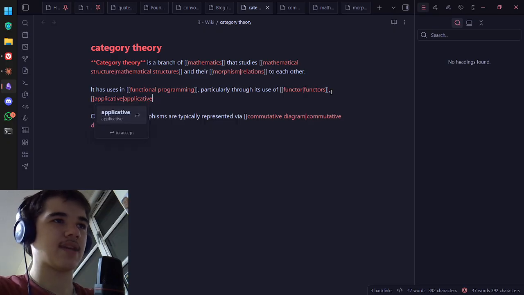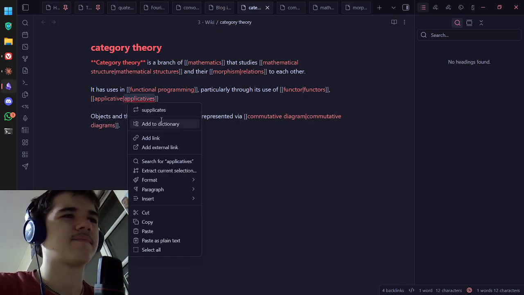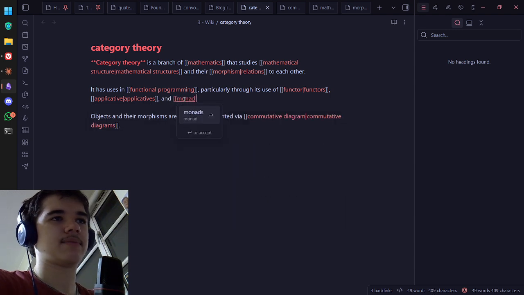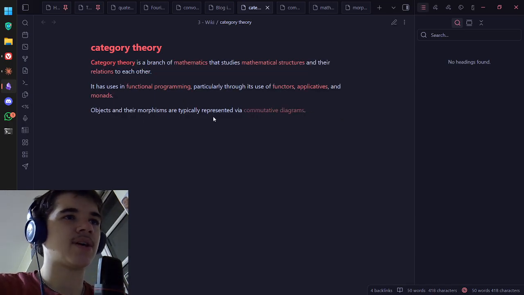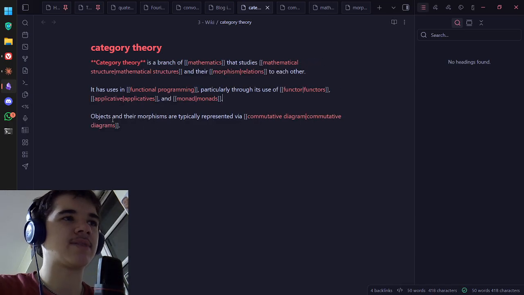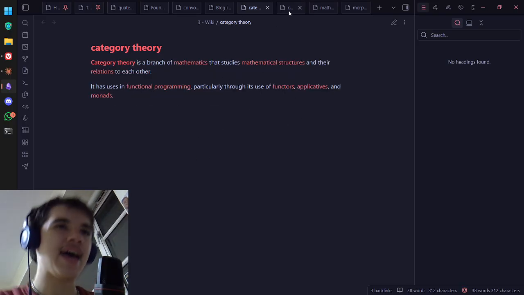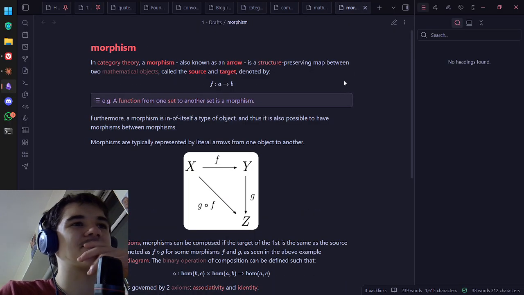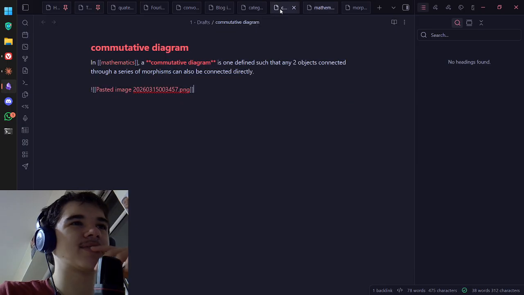Applicatives. What? Is that a word? And monads. Objects and their morphisms are typically represented via commutative diagrams. Yeah, I've kind of put it all into morphisms, haven't I? But a lot of it does just come down to morphisms.